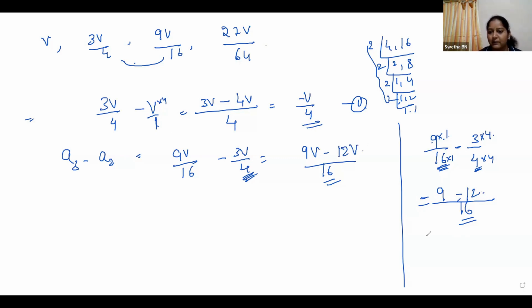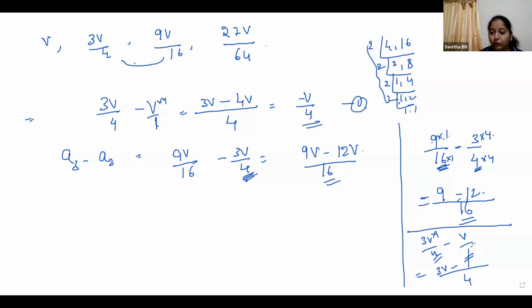See, in the first sum also, we have 3v by 4 minus v by 1. What is the LCM here? 4 is the LCM. Already we have 4 here, so just multiply by 1. So that is 3v minus. In the second fraction, we have 1 in the denominator.